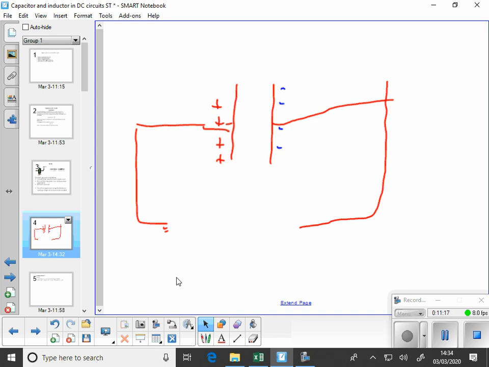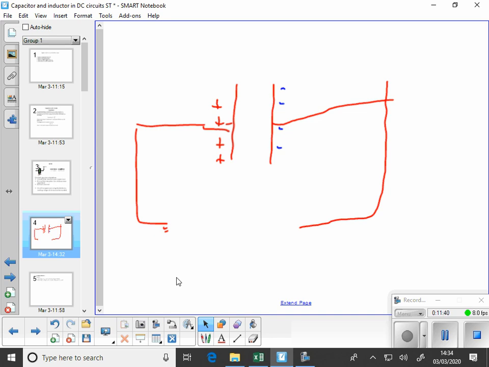Alright? So that's one safety point you should be aware of. If you've got a capacitor in a 400 volt AC system, depending on when the supply was switched off, it could quite easily be charged up to about 560 volts when you turn the system off, and it'll give you a nasty shock.